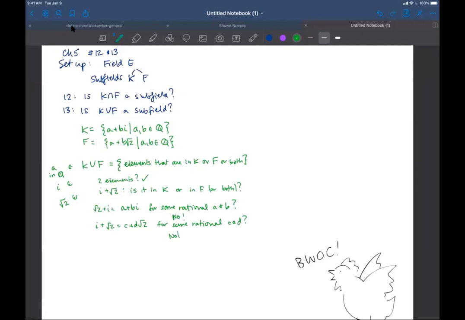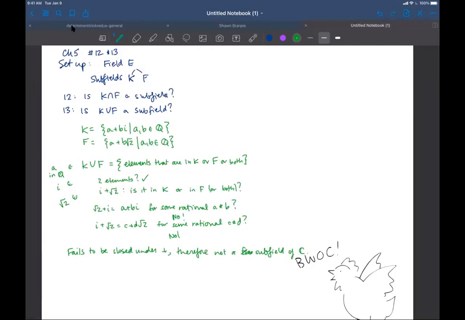So it turns out this is not closed under addition, because if I try to add i and root 2, I get something that's not in the union anymore. So this fails to be closed under addition. Therefore, it's not a field. Not a subfield. Well, it's also not a field, but it's not a subfield of the complex numbers, which are my big E.